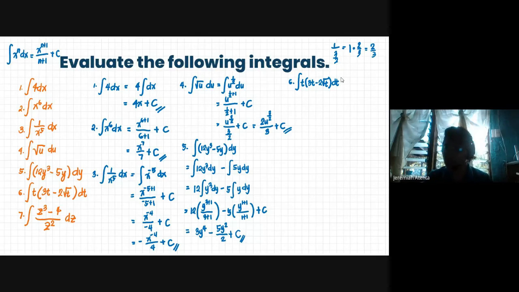Okay, we have one answer from Owen. T cubed minus 4 t squared square root of t over 5?